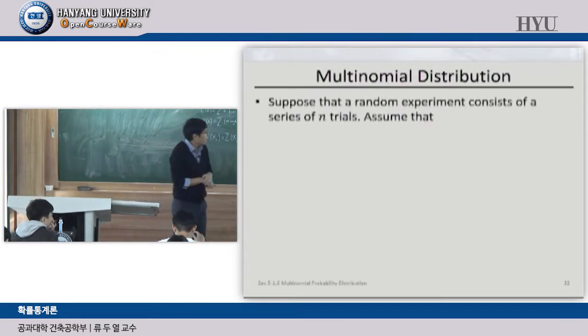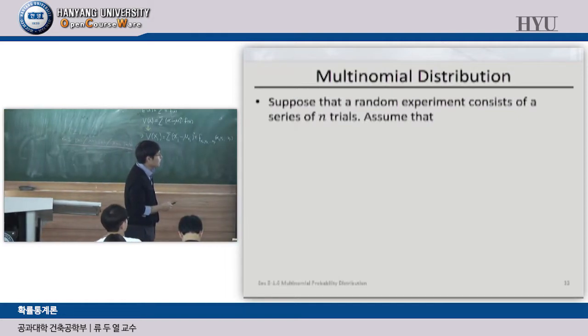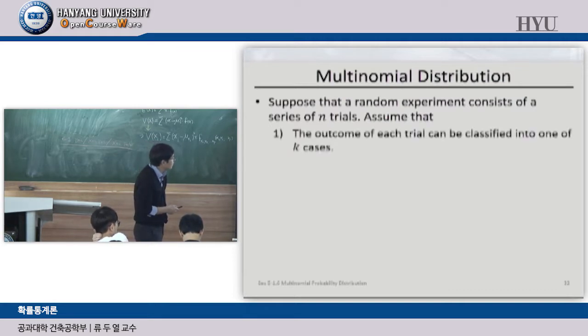And we can suppose that a random experiment consists of a series of n trials, okay? And we can assume that the outcome of each trial can be classified into one of k cases, okay?